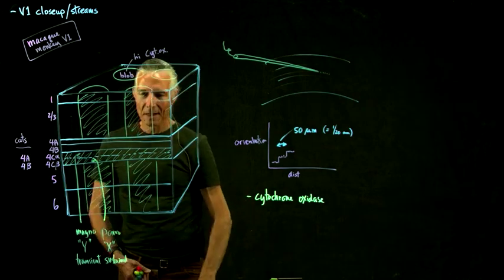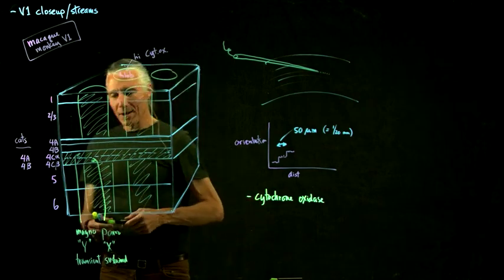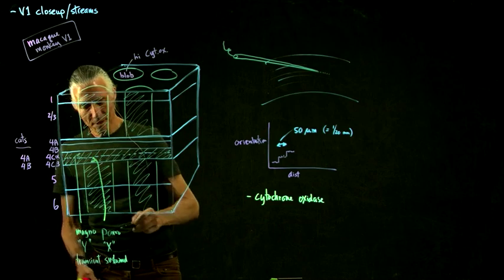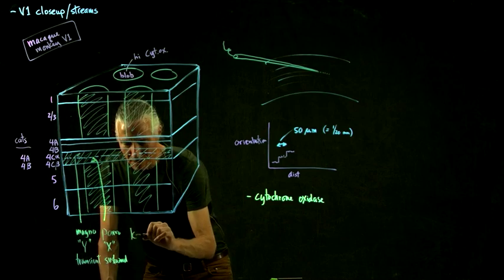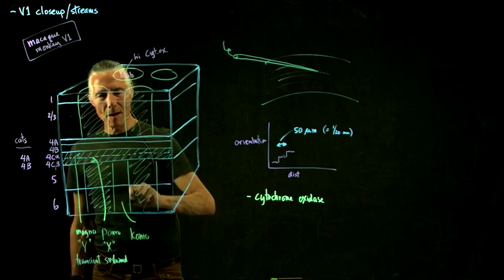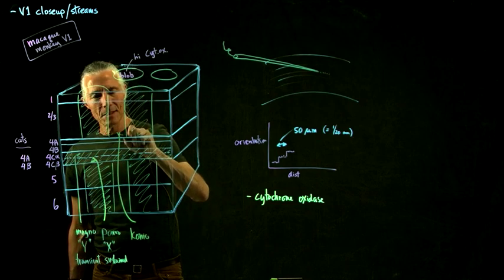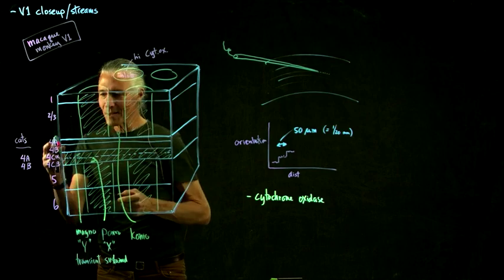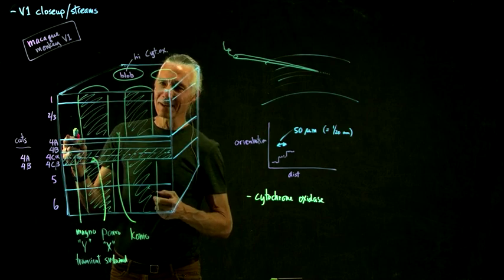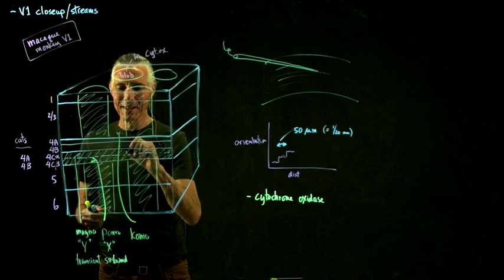And so where does the input to the blobs come from? Well, it turns out the koniocellular layers actually go up and synapse outside of layer 4A. They didn't find this at the beginning, otherwise they would have had to extend layer 4 even more.